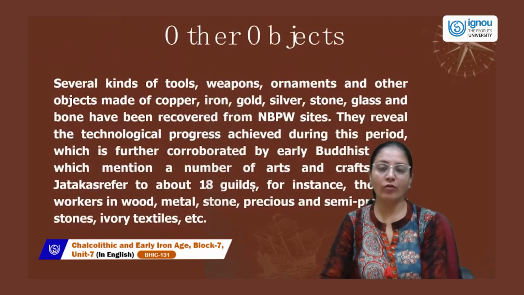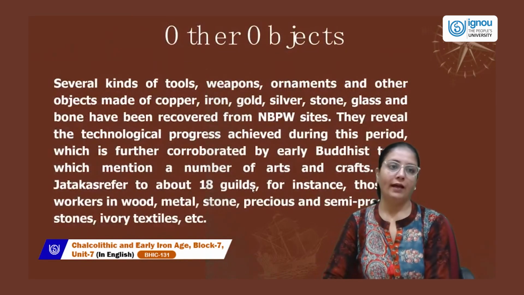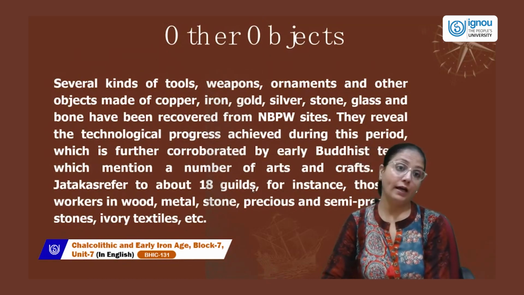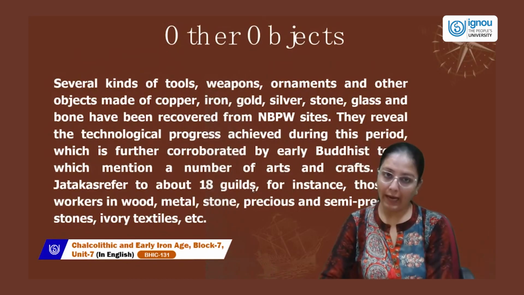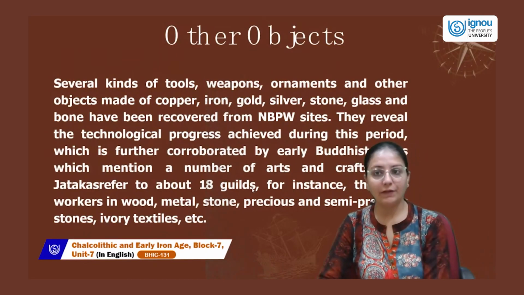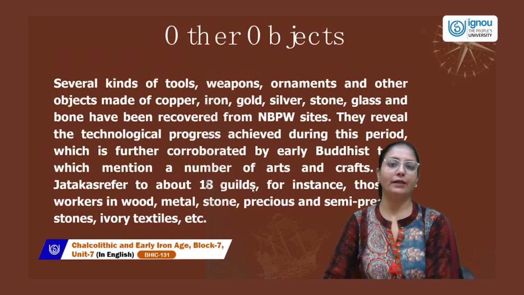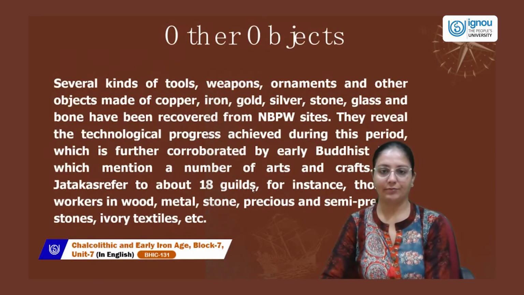Other objects which we found from the NBPW culture are several kinds of tools, weapons, and ornaments, and other objects made of copper, iron, gold, silver, stone, glass, and bone. These have been recovered from NBPW sites.